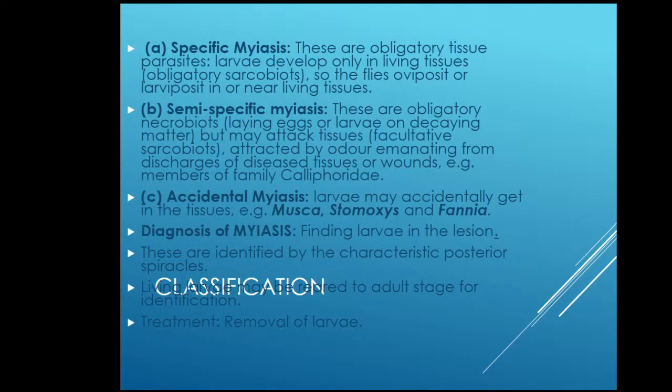Accidental myiasis is caused by larvae which accidentally get into the human body. For example, accidental myiasis can be caused by larvae of Musca domestica, Stomoxys and others. Diagnosis of myiasis is finding larvae in wounds and lesions.